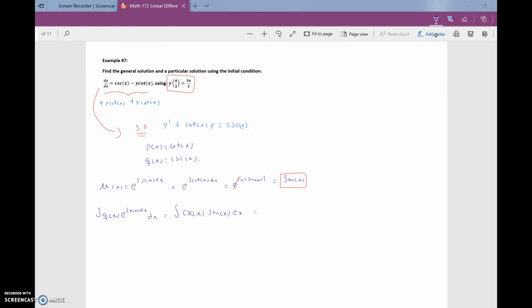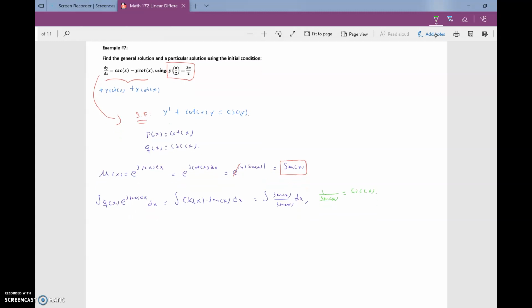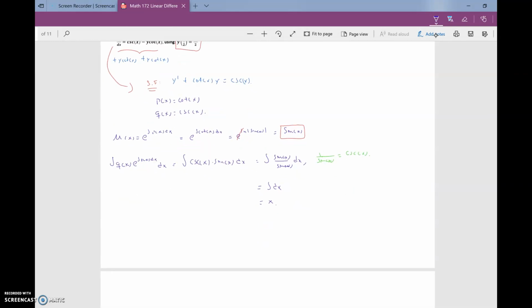So this is technically going to be the integral of sine of x over sine of x dx. And this is because 1 over sine of x is equal to cosecant of x, which simplifies to the integral of dx, which is just going to be x.